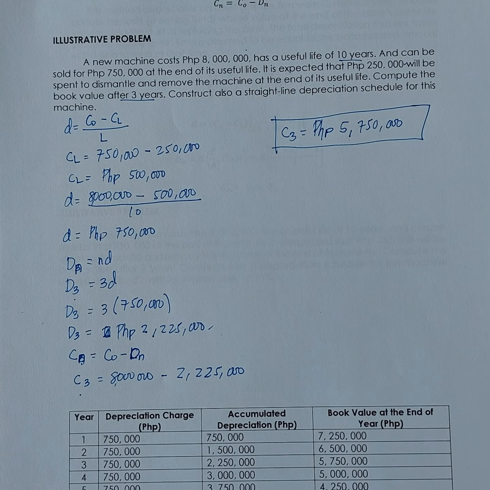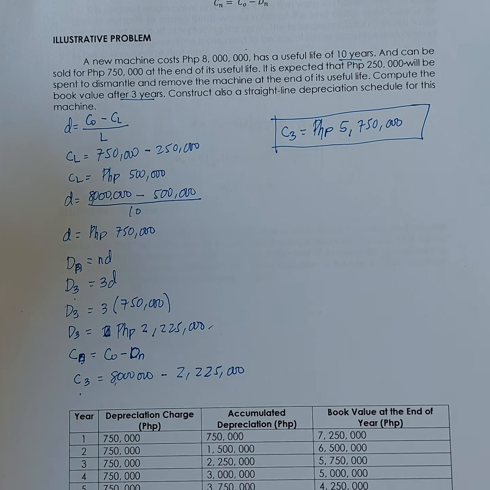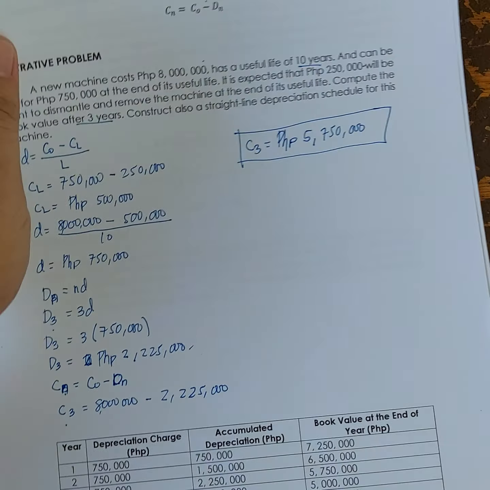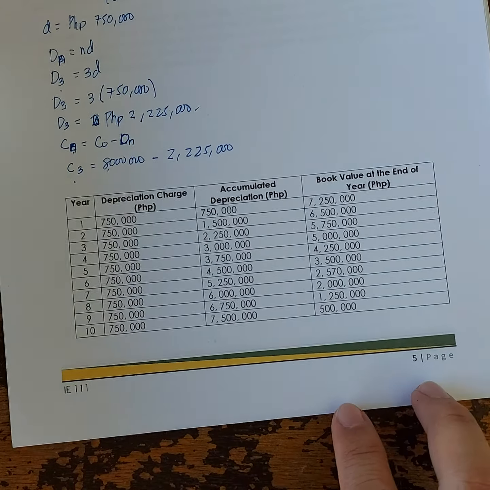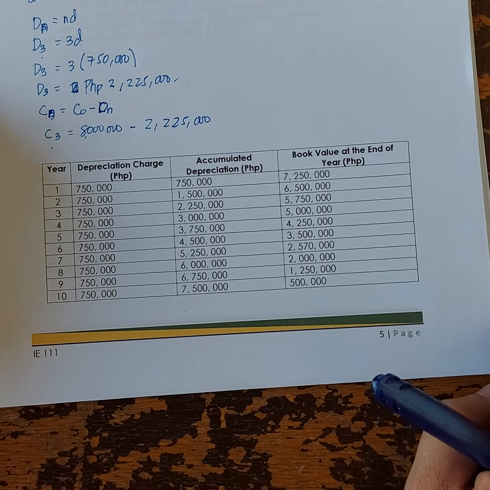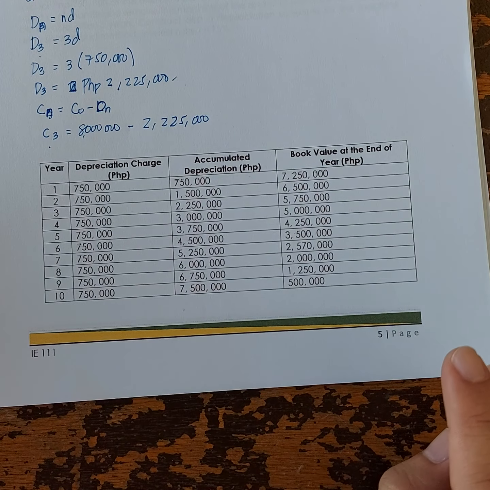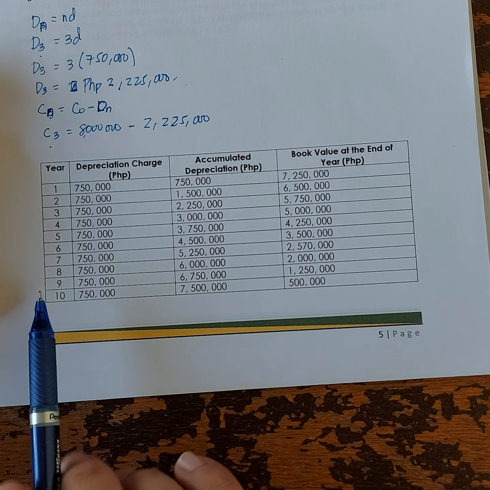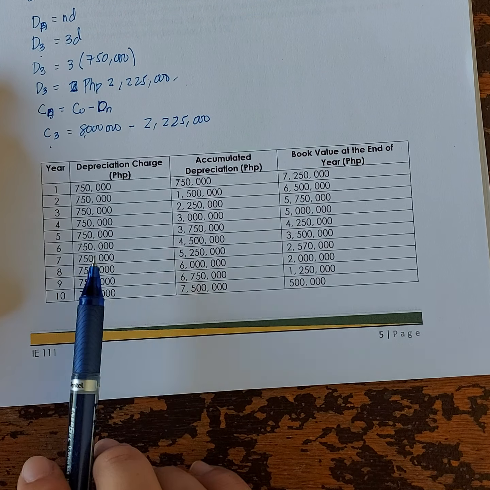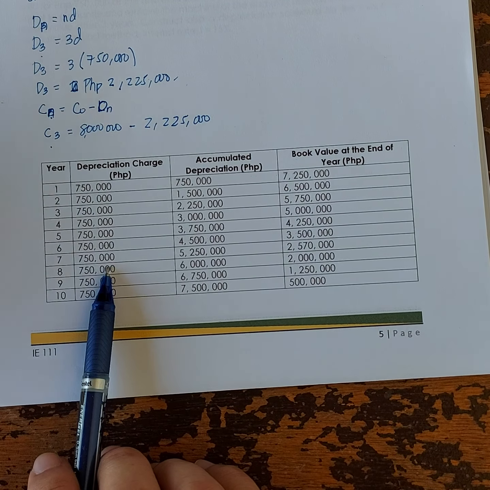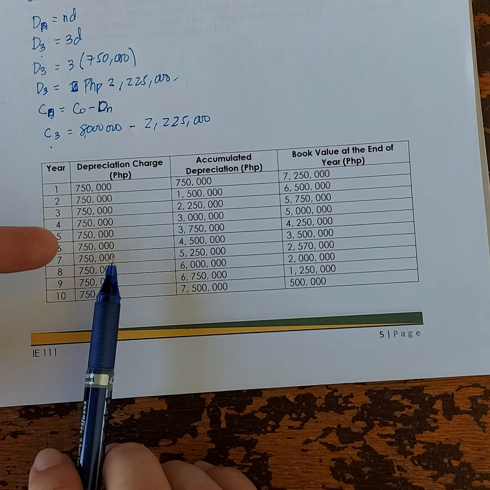I already made a table, which is in the module. Usually the basic content is the depreciation charge every year, which in the straight line method is the same each year.